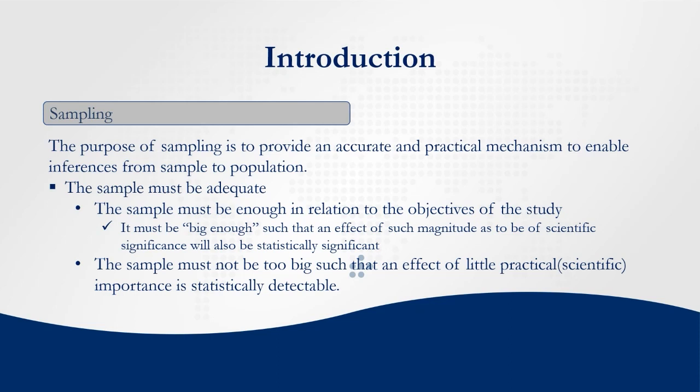So it's not a blanket approach, but it's always in relation to the objectives of the study. And it must not be too big, such that an effect of such magnitude as to be of scientific significance will also be statistically significant.